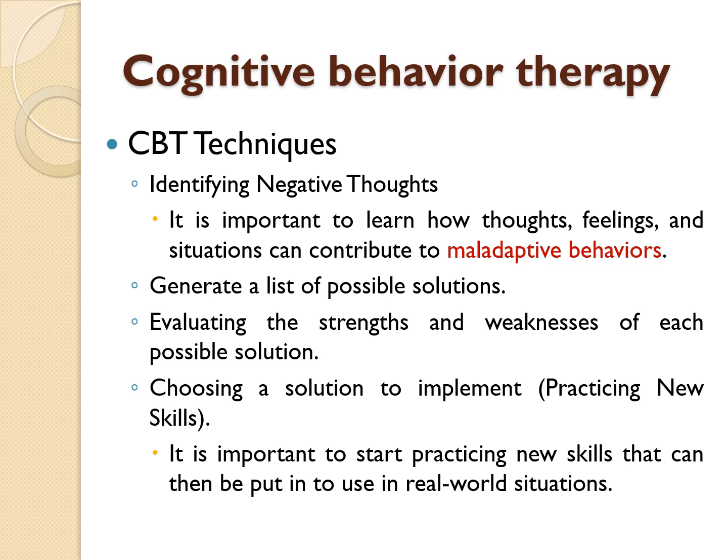In cognitive behavior therapy, you have to generate a list of possible solutions, evaluate the strengths and weaknesses of each possible solution, and choose a solution to implement, like practicing new skills to combat the disorder. And it is important to start practicing new skills that can then be put into use in real-world situations.